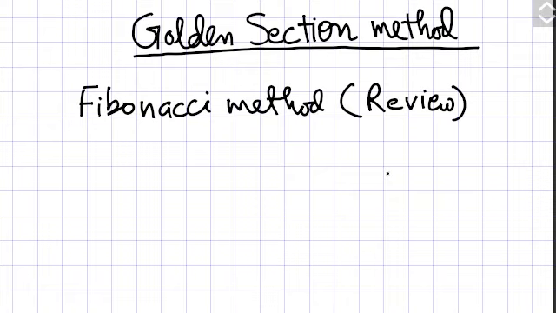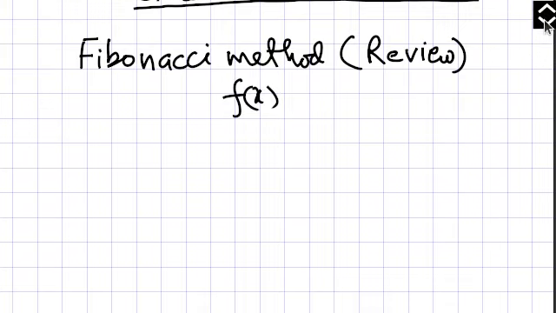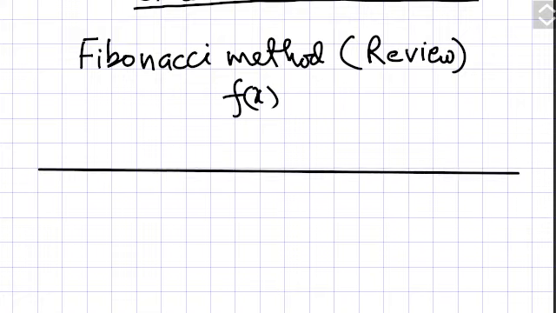In the Fibonacci method, as you saw in the previous lecture, you have to find the minimum of some function, and in the question that was solved in the previous lecture, you were given an interval, for example, on the x-axis.